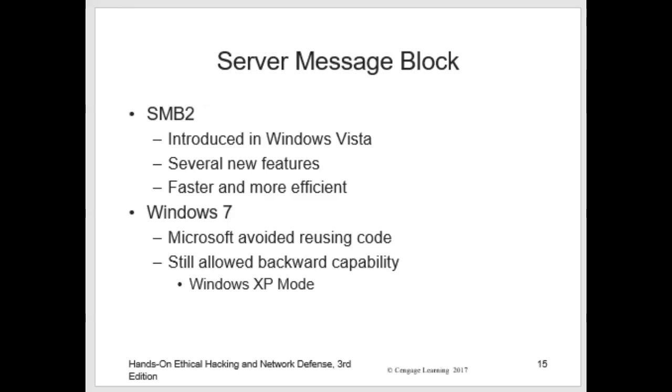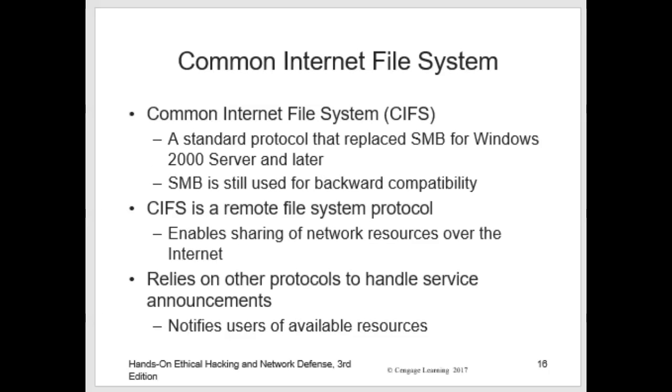Okay, Windows 7. Here, Microsoft avoided reusing code from previous OSs. It still has that backward compatibility, which is good for functionality and operational use, but bad from a security perspective, because that can be the door that hackers use to get in.